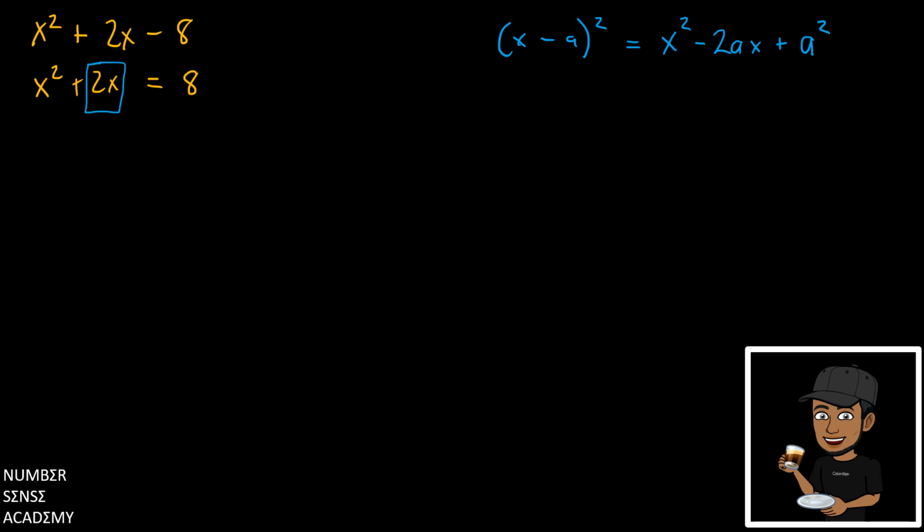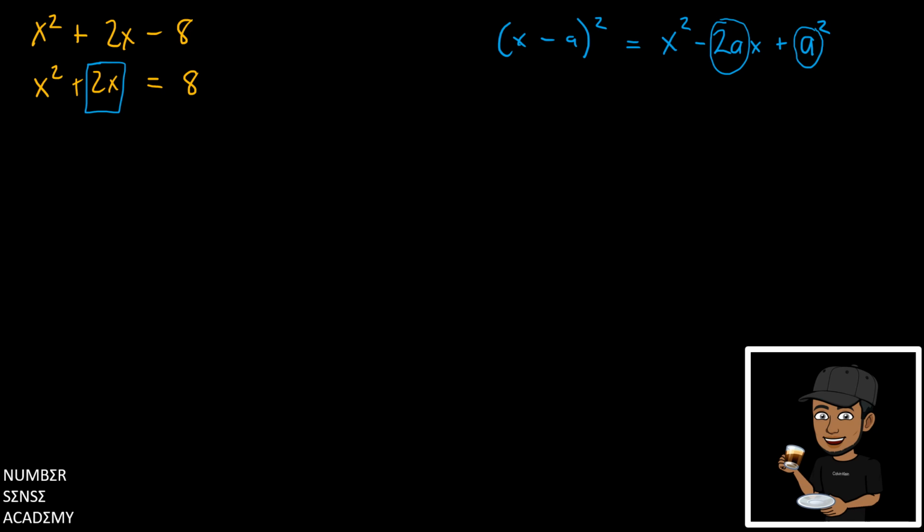So since we're ending up with a squared, if a is multiplied by 2 here, because remember we're going to subtract them twice, so we have to take a half of this. We take a half of this, and then we're going to square that. So I hope that makes sense.